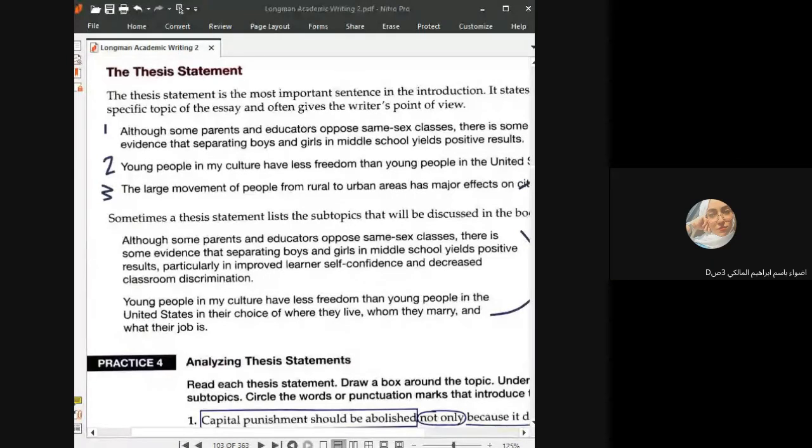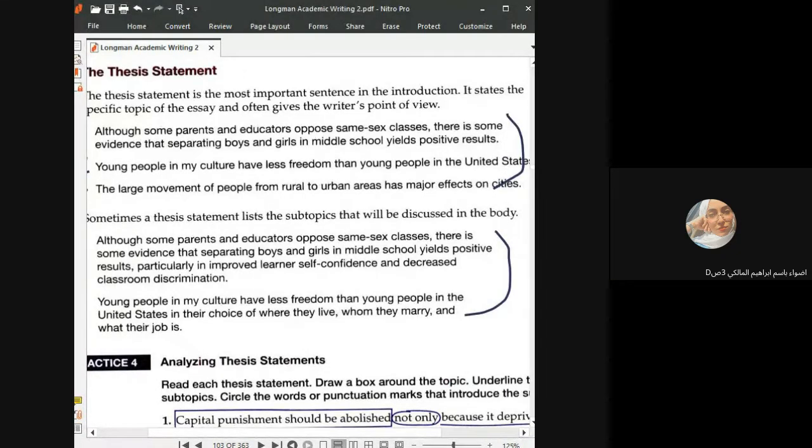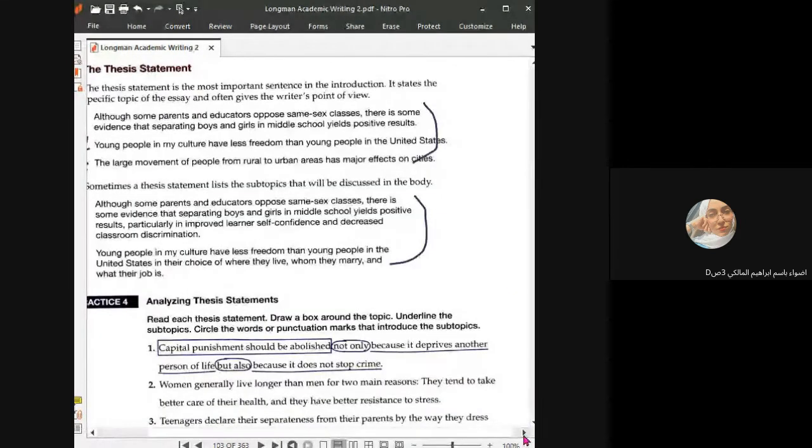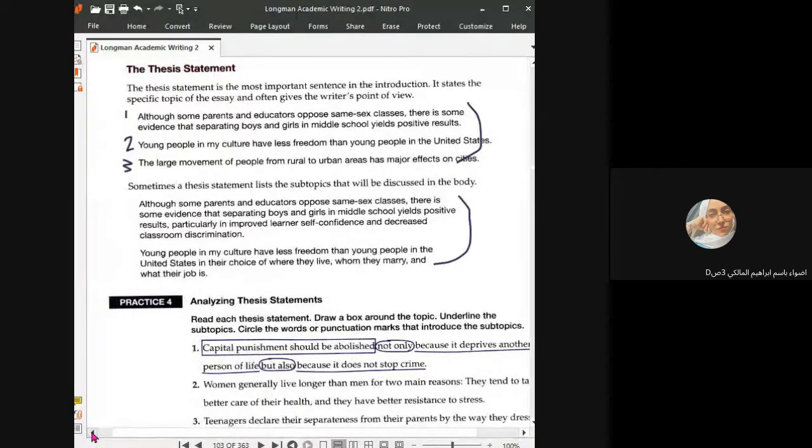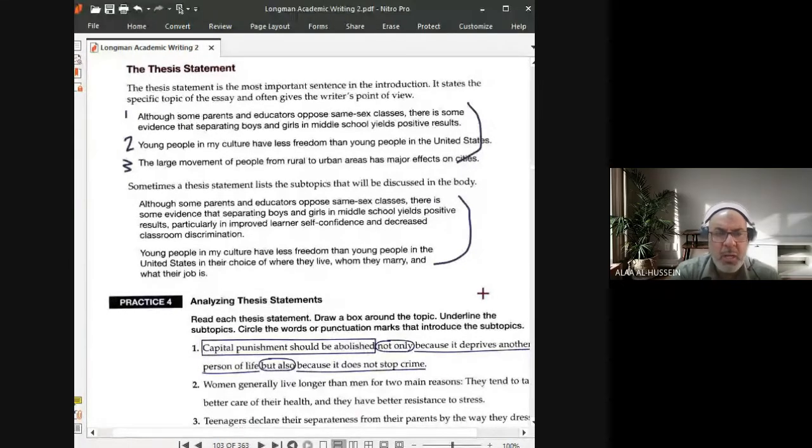I want to talk about the two types. First of all, it's talking about the topic, introducing the topic of the whole essay. And the second part is to present the controlling idea about the topic.